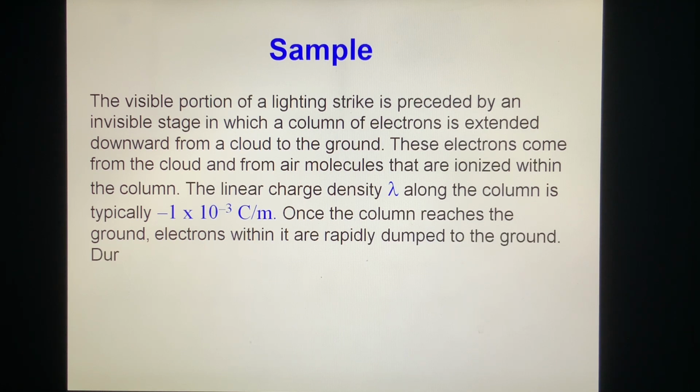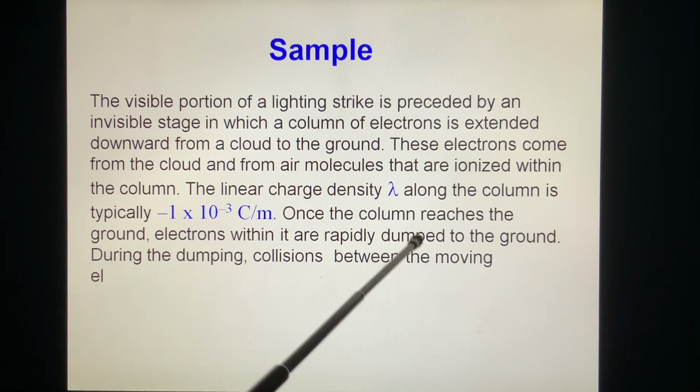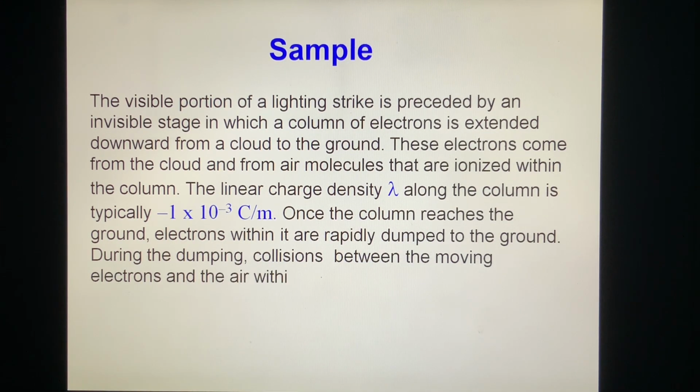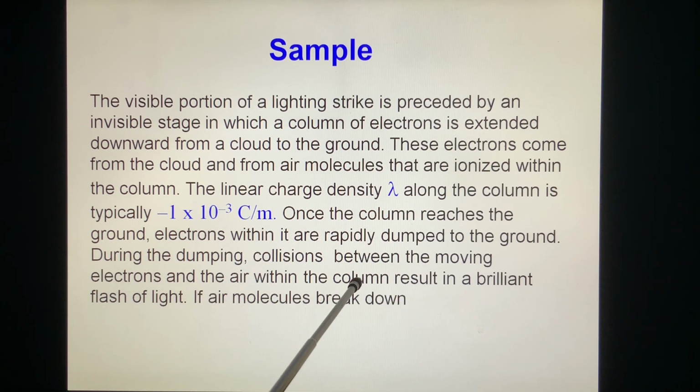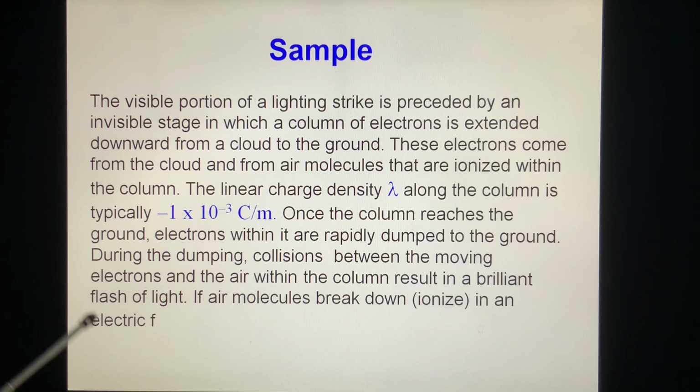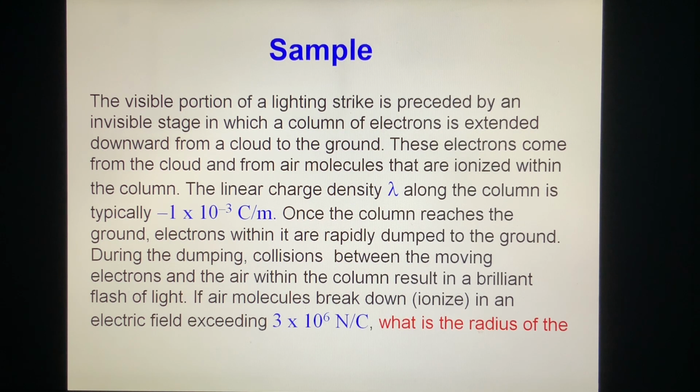Once the column reaches the ground, electrons within it are rapidly dumped to the ground. During the dumping, collisions between the moving electrons and the air within the column result in a brilliant flash of light. If air molecules break down, ionizing in an electric field exceeding 3 times 10 to the 6 newtons per coulomb, what is the radius of the column?